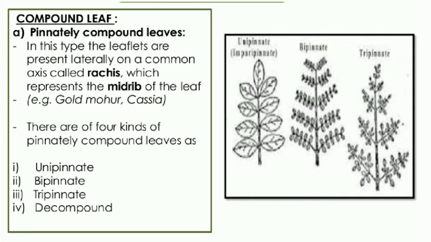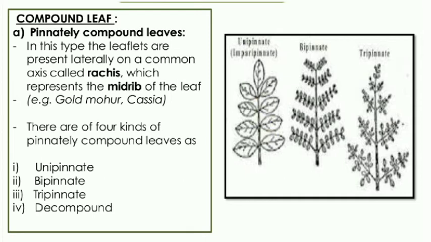For example, gulmohur, cassia, most of the members of the family Fabaceae have compound leaves. Here there are 4 types of pinnate compound leaf: unipinnate, bipinnate, tripinnate and decompound. Unipinnate means there is only one rachis, which is unbranched.